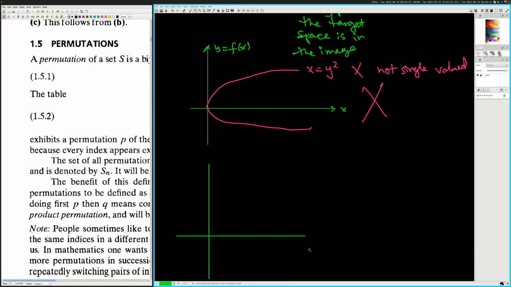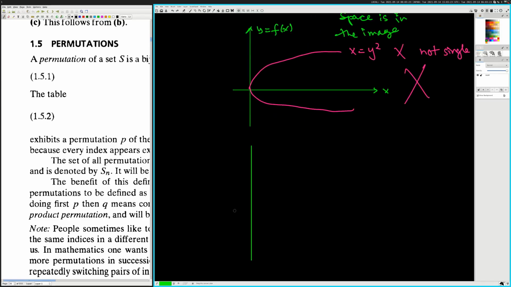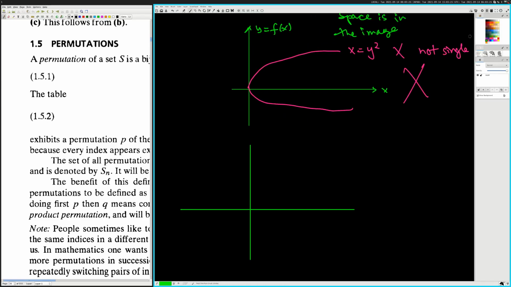All right, let's go with a symmetric function, and I'm going to try to draw another parabola. Wow, that's a bad parabola. This is y is equal to x squared, and we view it as a function. This is y equals f of x, and this is x.